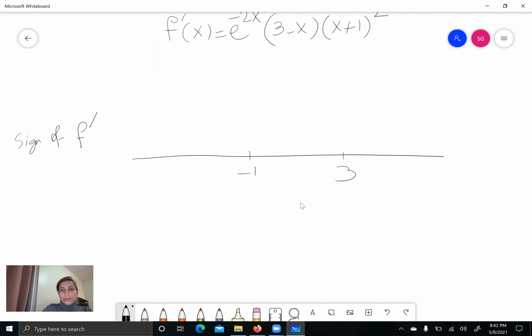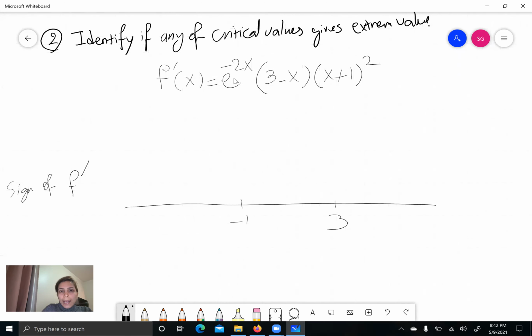Okay, so this function has an exponential function. Again, recall that an exponential function, e to x or e to any power, is always above the x-axis, so it's always positive.